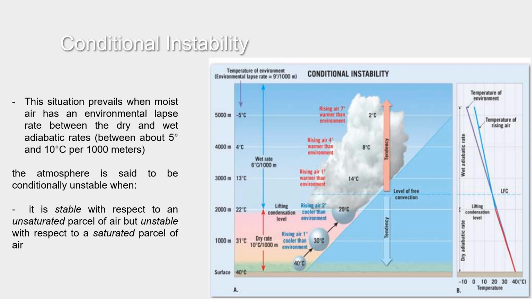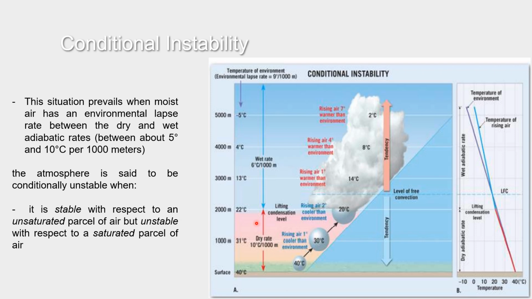this conditional instability that you can see may result when warm air is forced to rise along a frontal boundary. So here you can see that the environmental lapse rate is 9 degrees Celsius per 1,000 meters. It lies between dry and wet adiabatic rates.